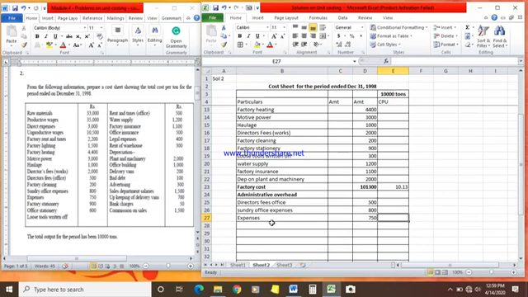Then we have office stationery 600. Next, rent and taxes office 500. Office insurance 500. Legal fees 400.